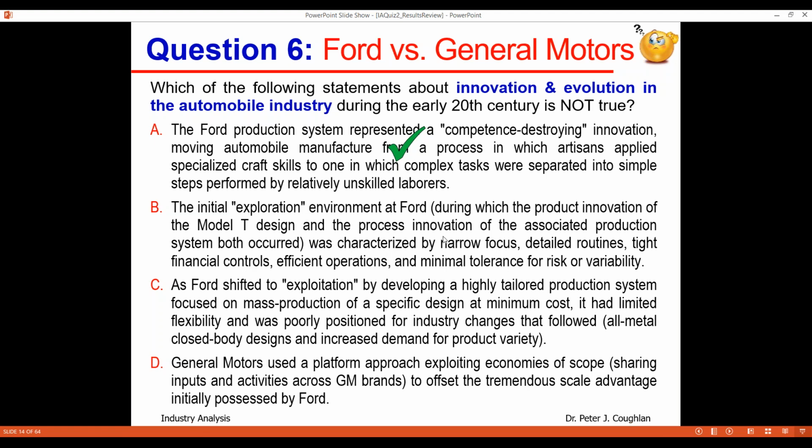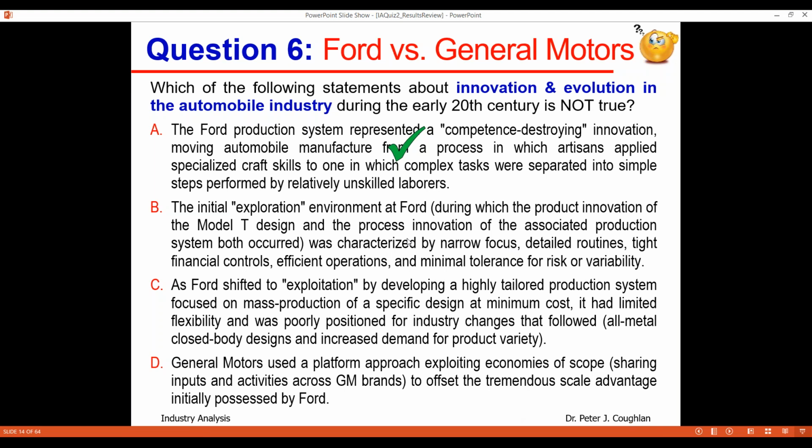They had reinvested profits into exploration. Efficient operations? No, they actually encouraged production experiments and testing of new ideas. They had open-mindedness, receptivity to new ideas. And minimal tolerance for risk or variability? No, they had, quote, a surprising rate of scrapping processes and machine tools, a high tolerance for failure.